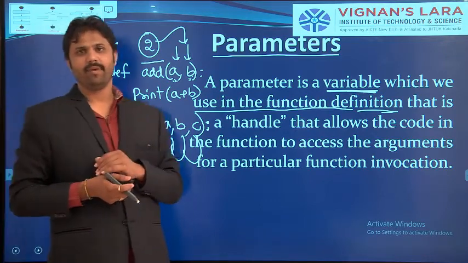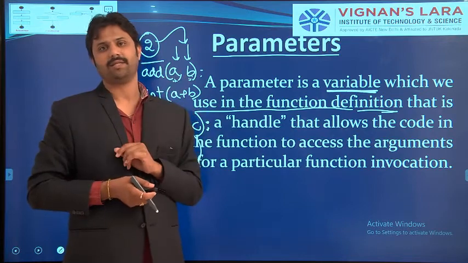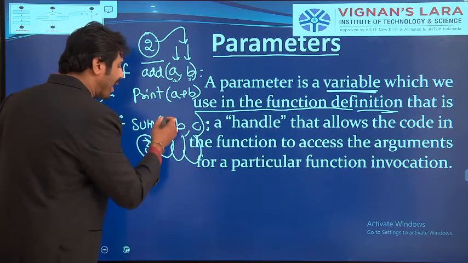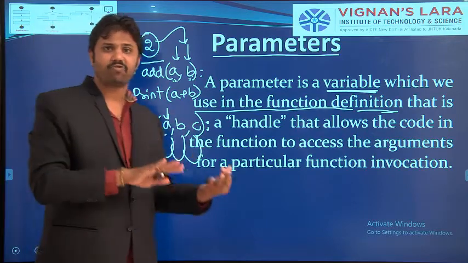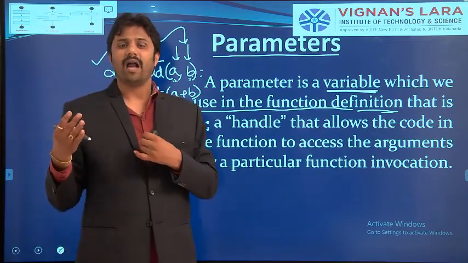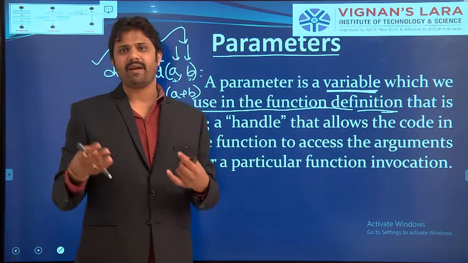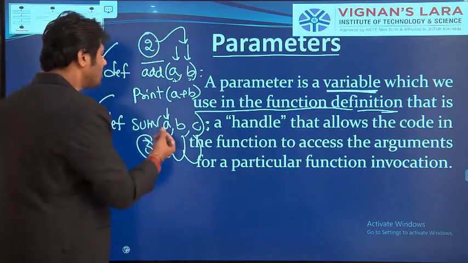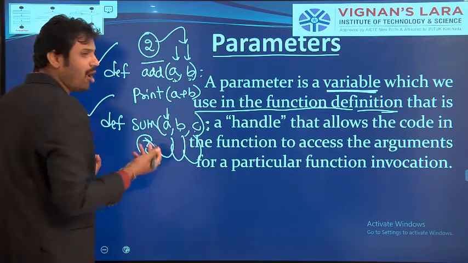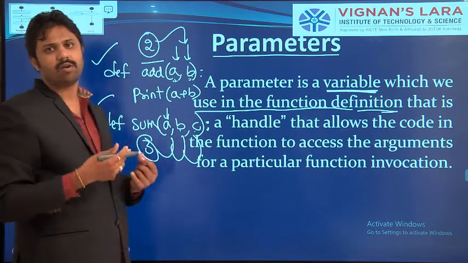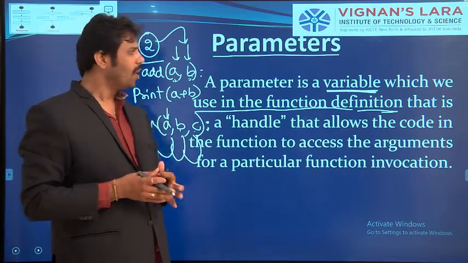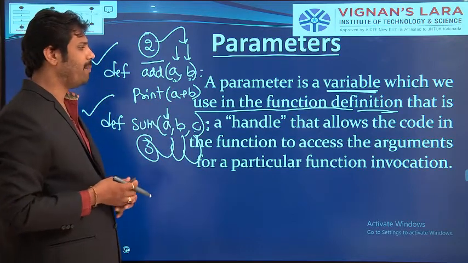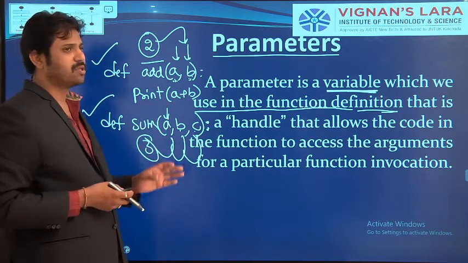These parameters are not always integers. Sometimes it may be a string, a character, or data structures like a list, array, tuple, anything. So you can't say this is always int. It varies depending upon the situation. These are all the parameters we are going to discuss.